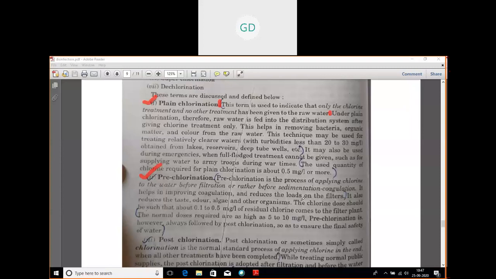So when chlorine is added before your filtration or sedimentation coagulation process, that is known as pre-chlorination.